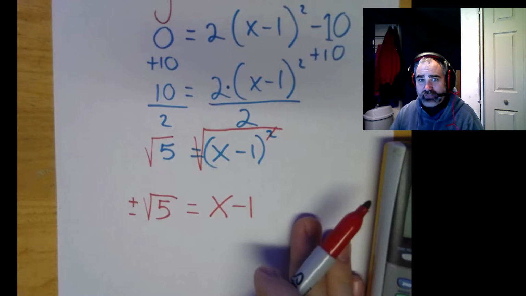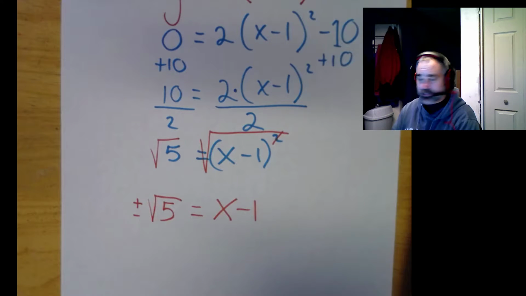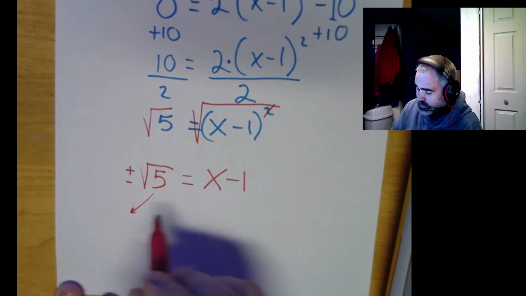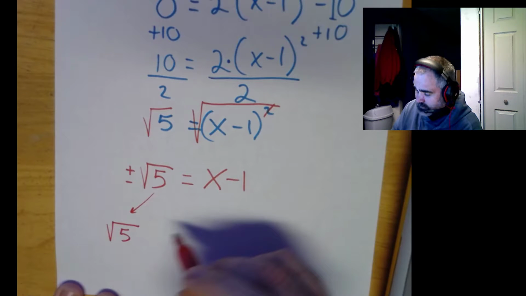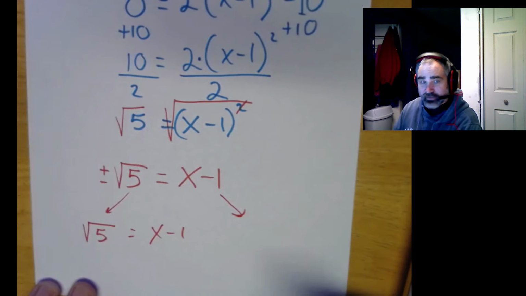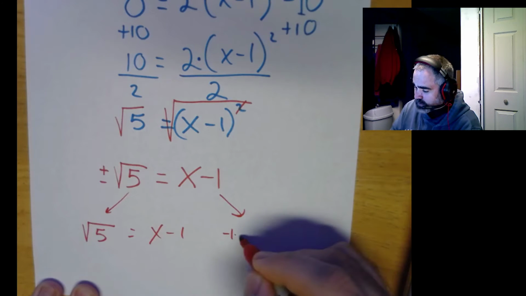So now we have this weird number here, and you can just leave it like this. That's fine. If I want to solve this, I have to set up two equations like I did before. One of them where the square root of 5 is positive, so square root of positive 5 equals x minus 1. And the other one where it's negative. So I have a negative. And you can put that a -1 in the front there if you want.